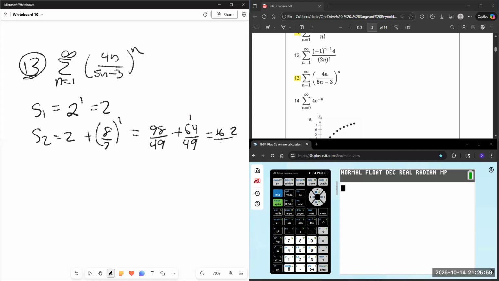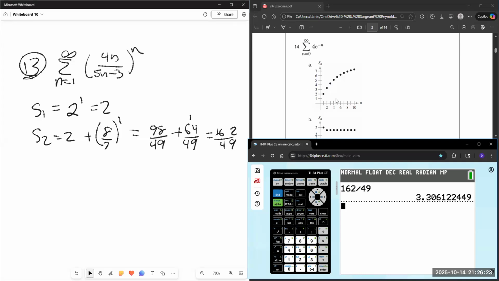This is a number that is a little bit bigger than 3, I think. 162 divided by 49 is 3.3061. So let's look and see.